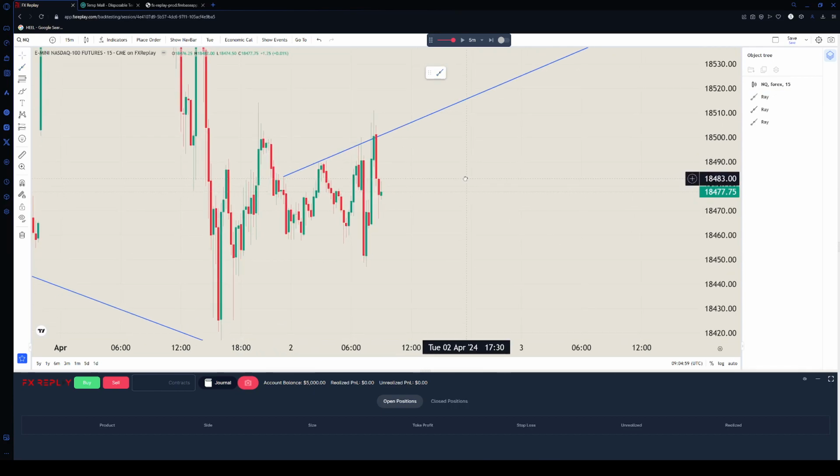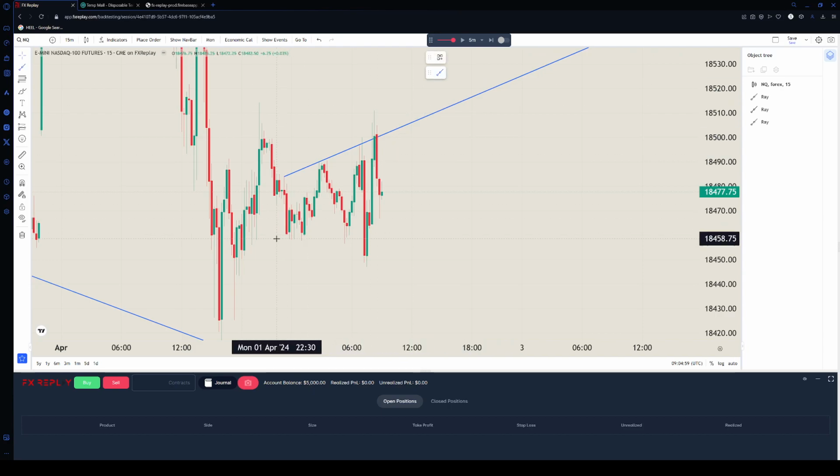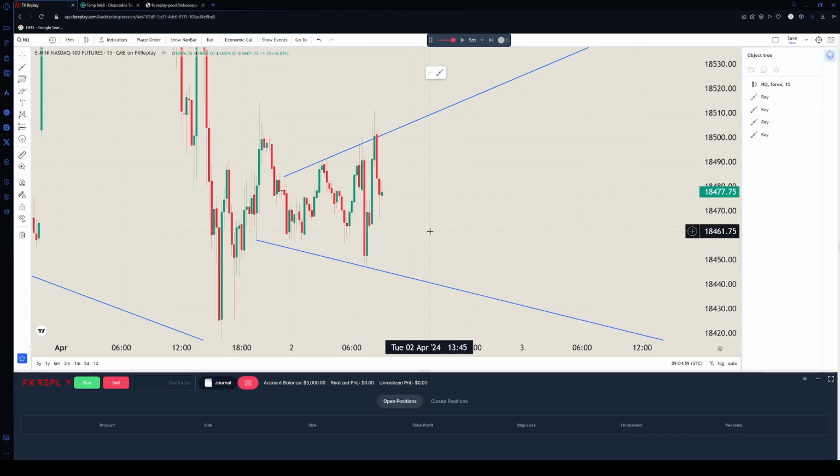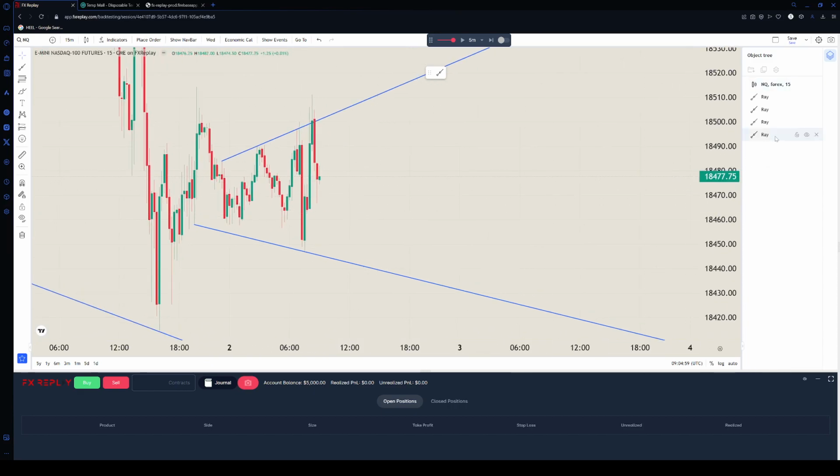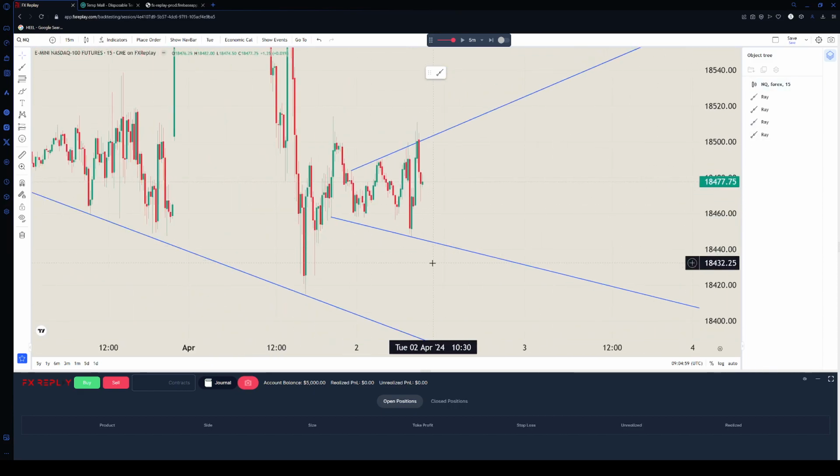I think that would be how you would draw that one. And then you have this one right here, also within consolidation. So within those two, we have these.